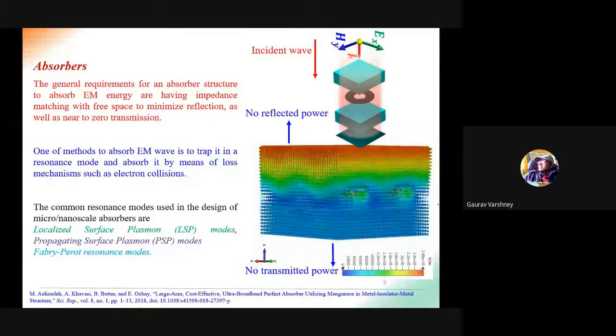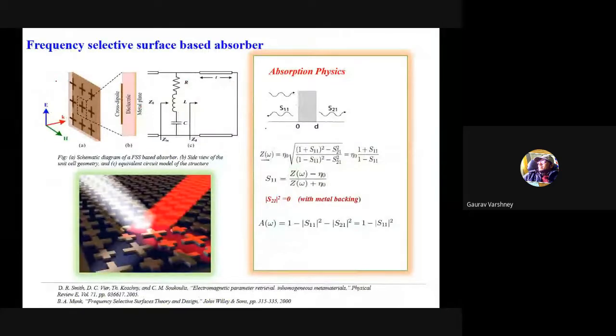So here, simply, let us discuss the concept of frequency selective surfaces. What is the concept of frequency selective surfaces? Suppose we are working over a spectrum, and we have a minimum reflection over a certain frequency spectrum.